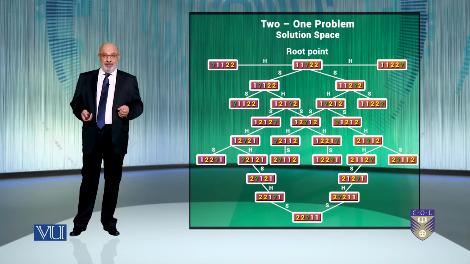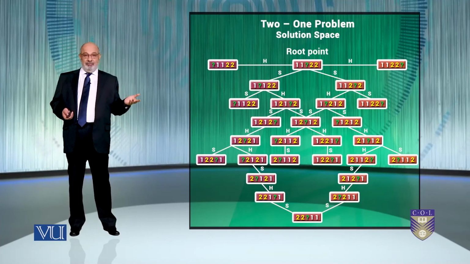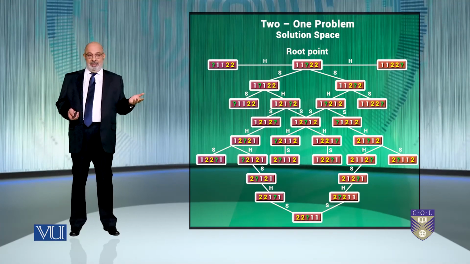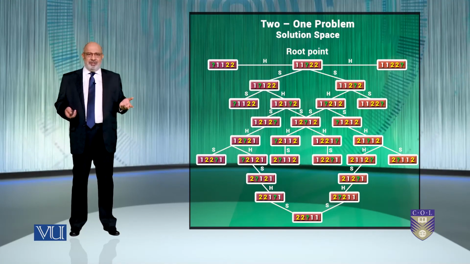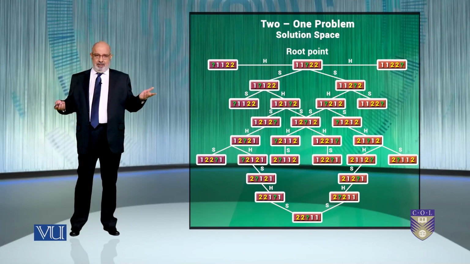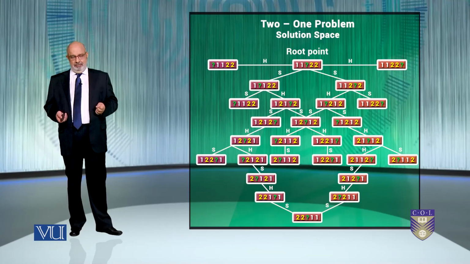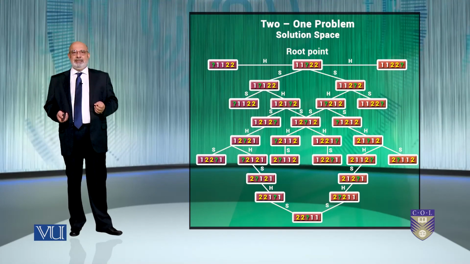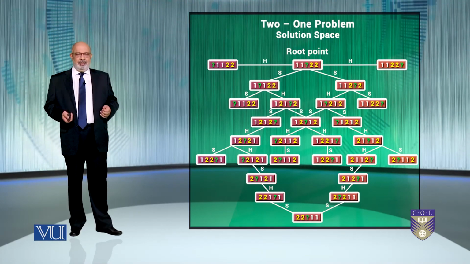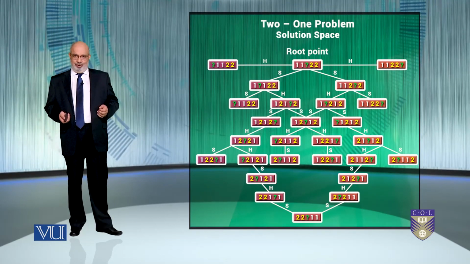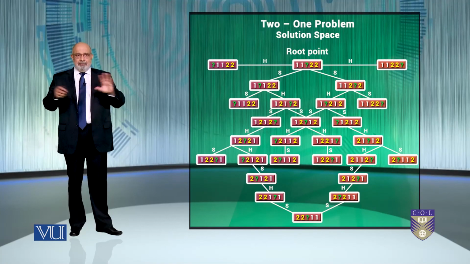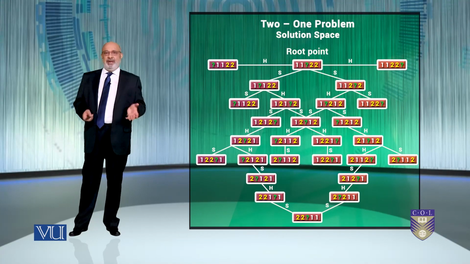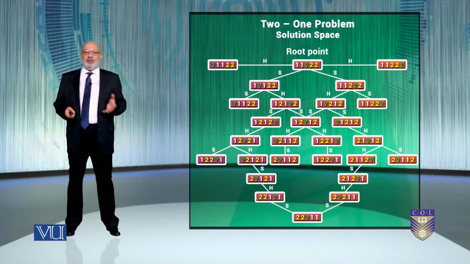Look at this position. You have hopped, you have the 2 2s on the left. On the right, you have the 2 1s, and we're just about there. Now the last step is a simple, straightforward slide, and as you can see, you have come to your solution. Now the interesting thing I'm trying to highlight is that this is the complete, entire solution space of this 2 1 problem.